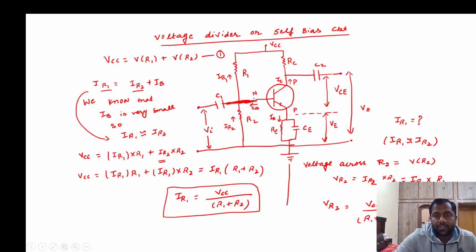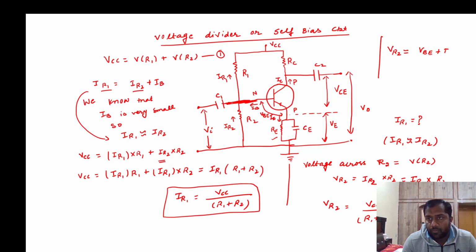So how did I write this, children? This is the R2. In front of it we have two things. This is what? This is VBE and the second portion is the potential across RE. So it means that I will write here: voltage across R2 is equal to VBE plus voltage across RE.